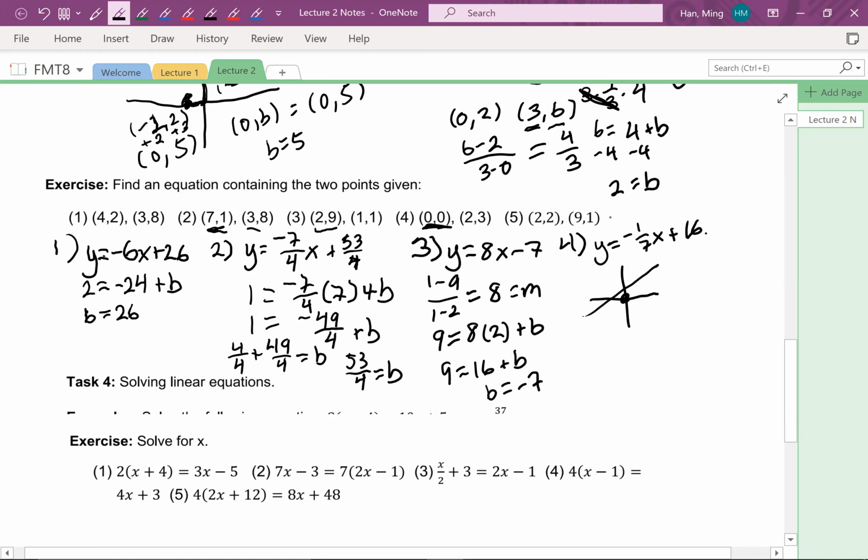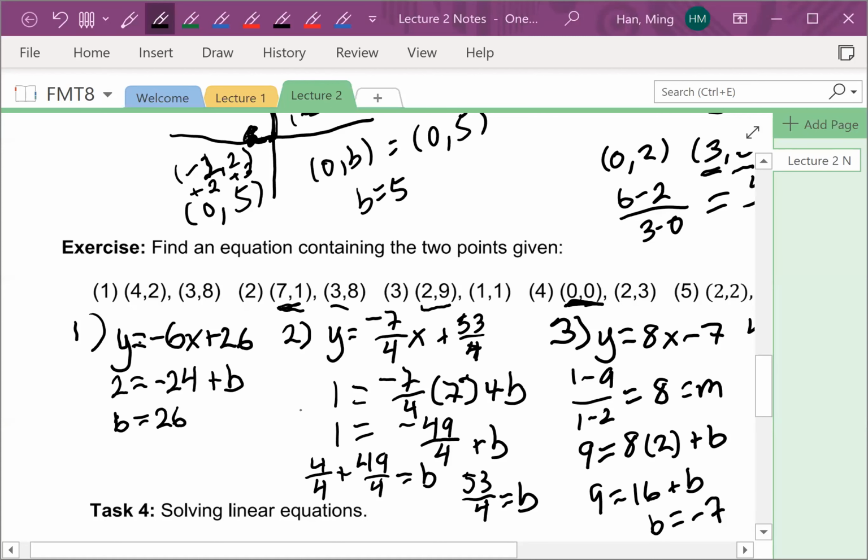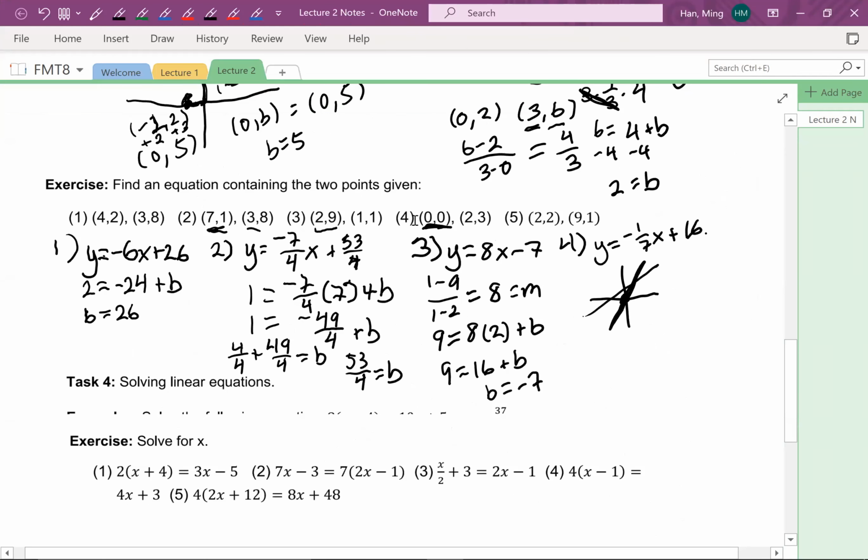Well, since the y-intercept is (0, 0), that means b would just be 0. Does that make sense?